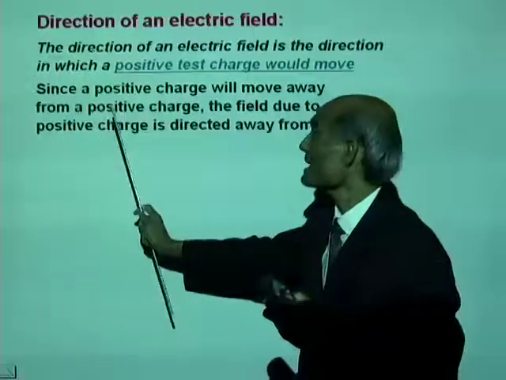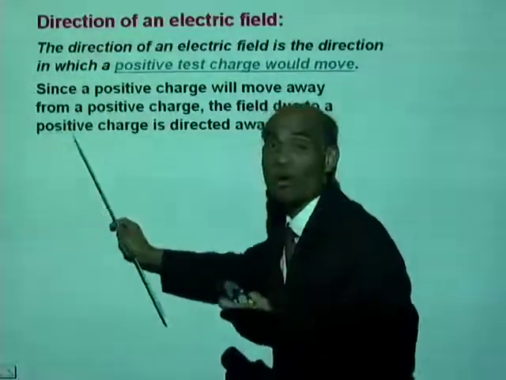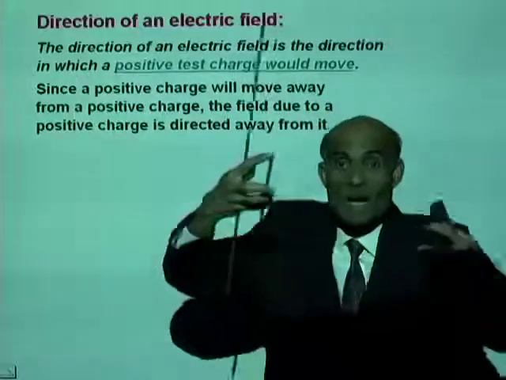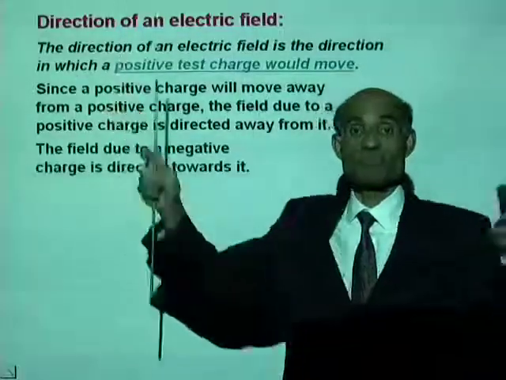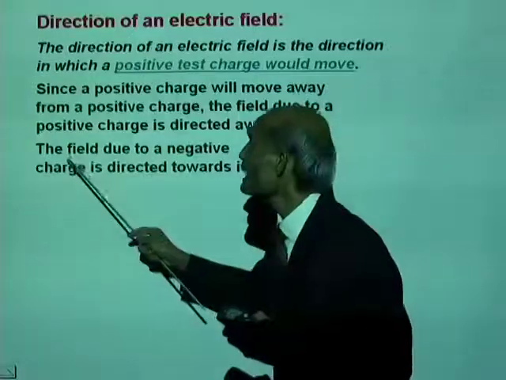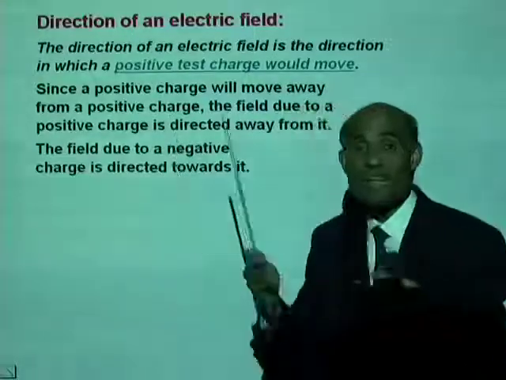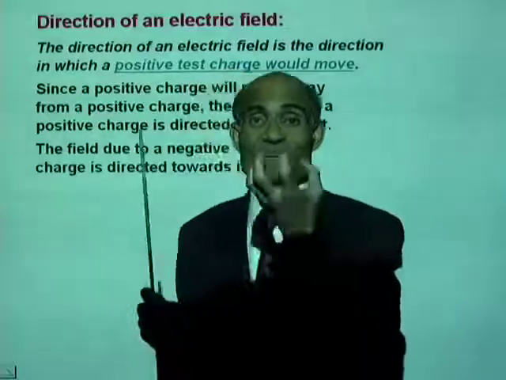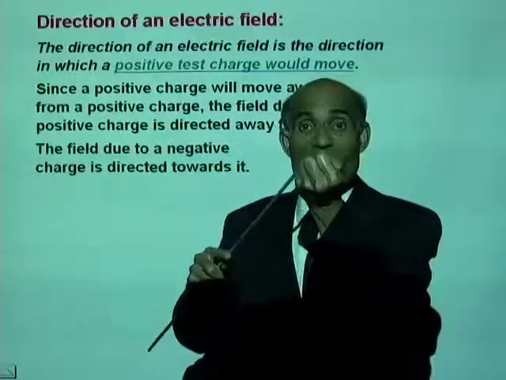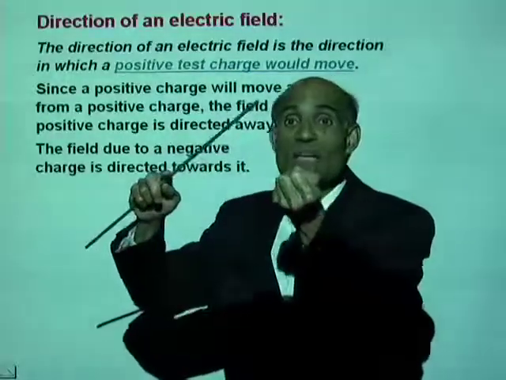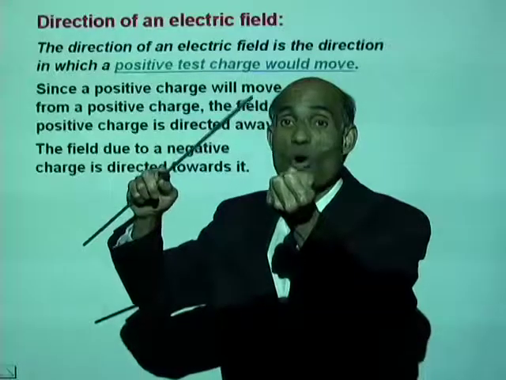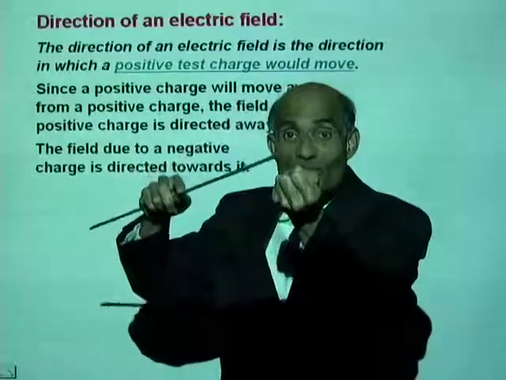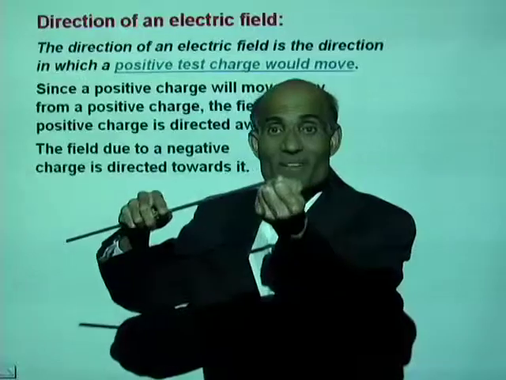That means the electric field due to a positive charge will be directed away from it. In the same way, the electric field due to a negative charge will be directed towards it. Now, if I have a negative charge here, and if I place a positive test charge, it will move towards the negative charge.